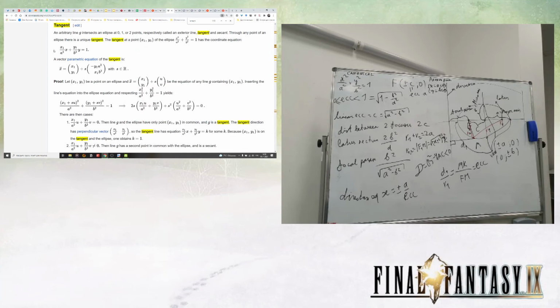Tangent to ellipse. Will we write this or not? We can write x squared over a squared plus y squared over b squared is equal to cosine squared t plus sine squared t, which is equal to 1.